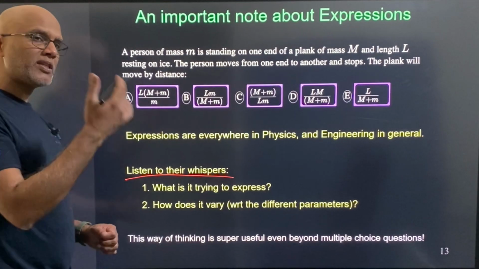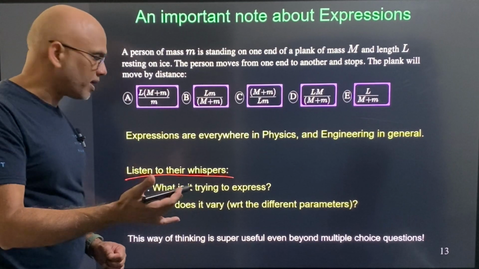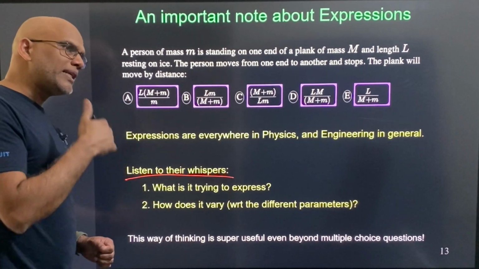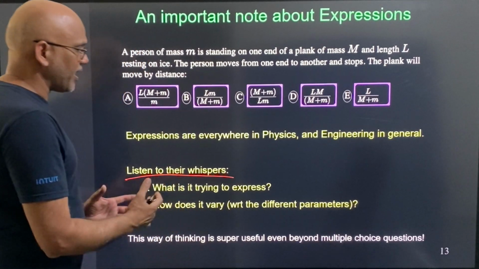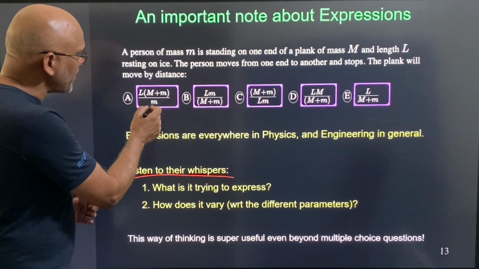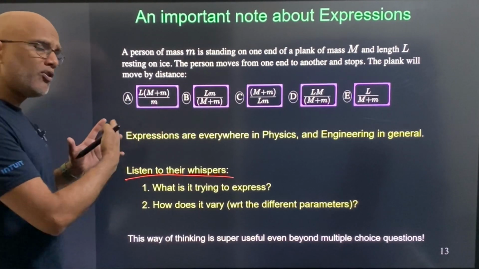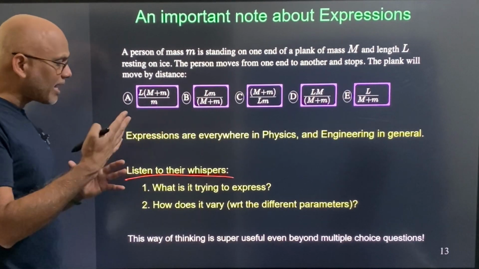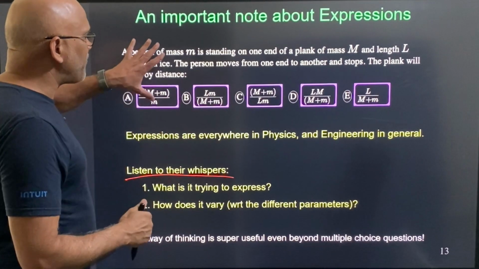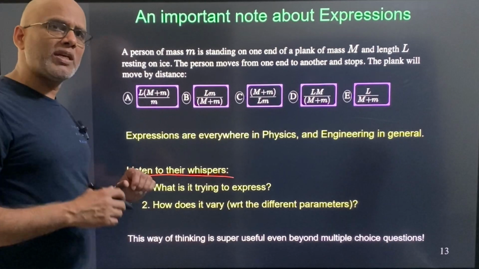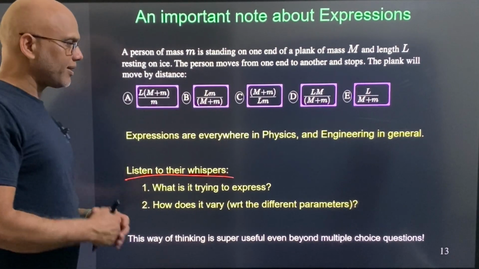It is called an expression because it's trying to express something, right? So ask yourself, what is it trying to express, and how does it vary? Like, if I vary the different parameters, how does the value vary, right? That kind of thinking is extremely useful, not only for solving multiple choice questions, but even beyond that.